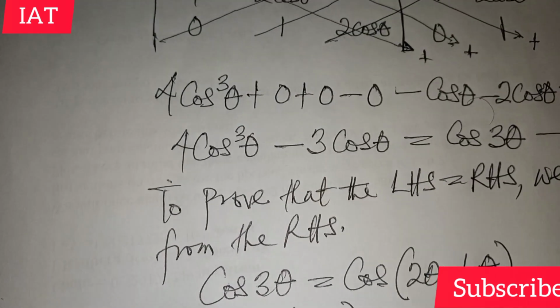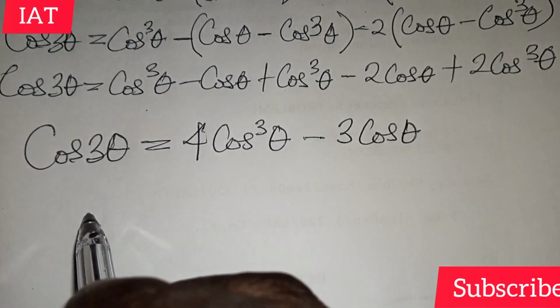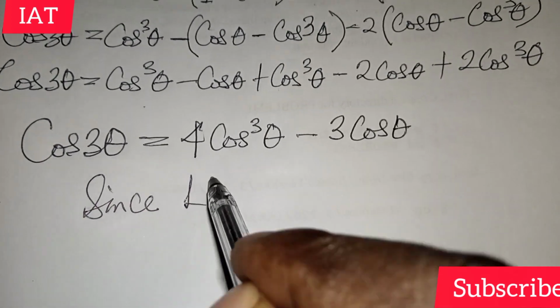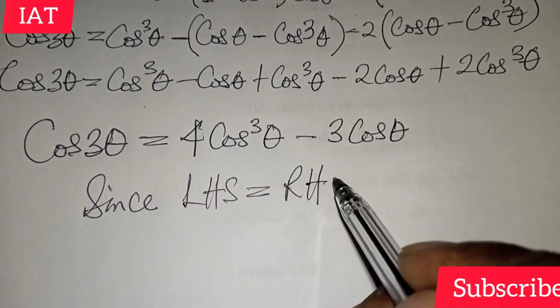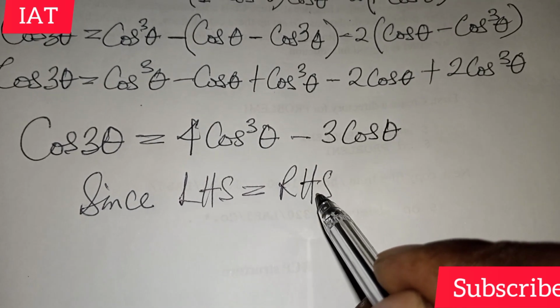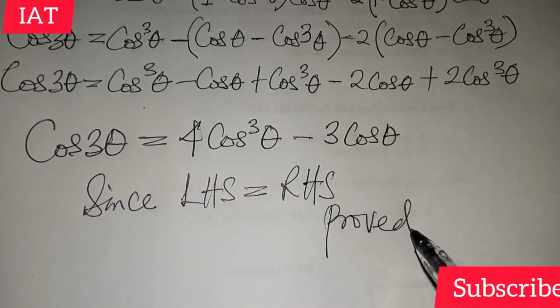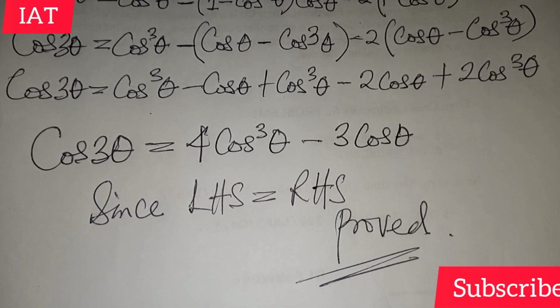So because they are the same, we conclude that since the left hand side is equal to the right hand side, we have proved it. It is proved. So that's how simple it is.